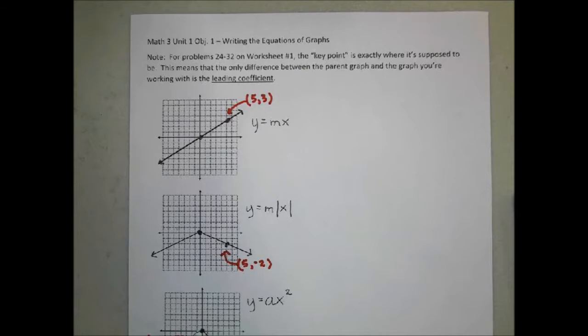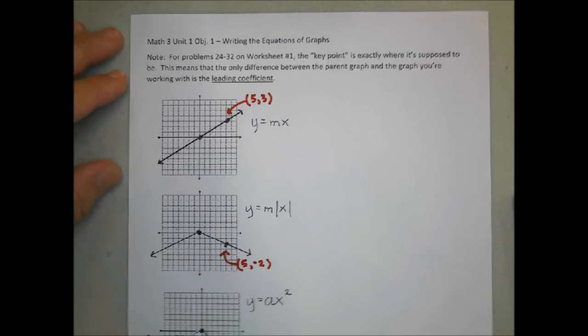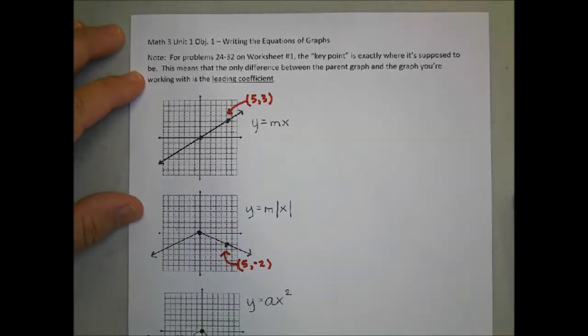Objective 1, worksheet 1, finally comes to an end with writing the equation of certain graphs. Now, in problems 24 through 32, we go through all 4 of the different shapes, but every single one of them has the key point where it's supposed to be.